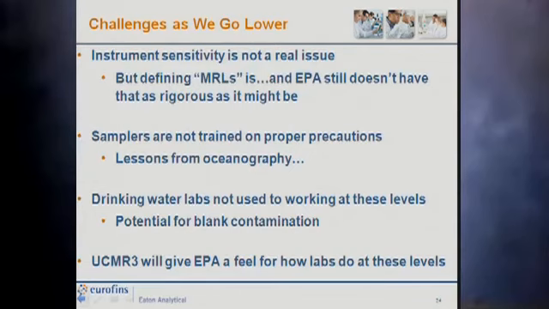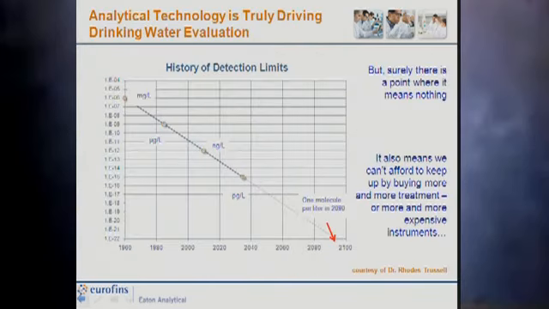So they ended up with one outlier lab on the PFCs, and therefore they ended up with MRLs that were a little high. The other thing that I mentioned earlier is samplers aren't trained on proper precautions, and that's going to become an issue as we keep going lower. The other thing is a lot of drinking water labs out there also aren't used to it. And UCMR 3 is really going to give labs a feel, or will give EPA a feel for what happens when we start looking at these levels.